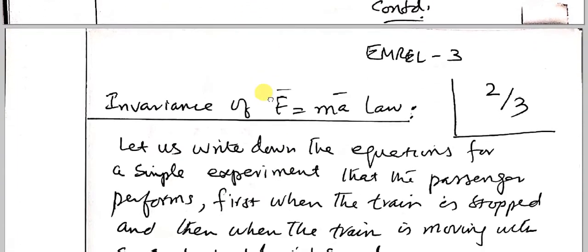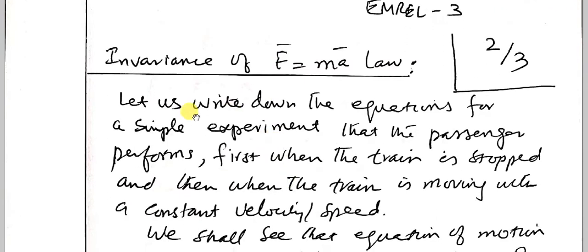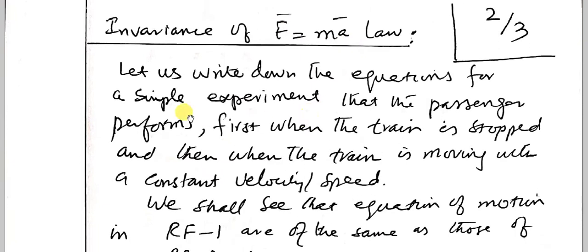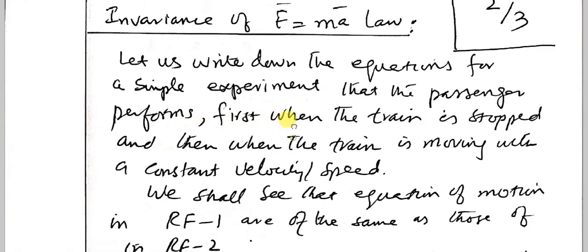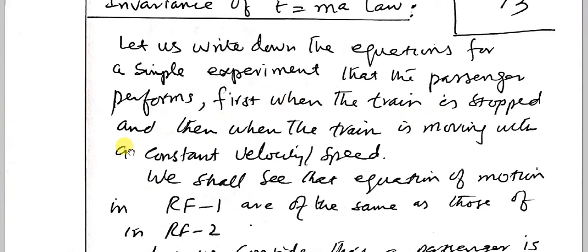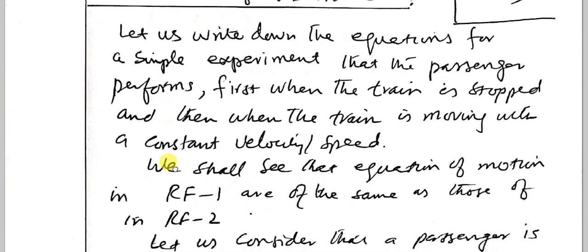Now let's see the invariance of the second law of motion, F is equal to ma. Let us write down the equations for the simple experiment that the passenger performs, first when the train is stopped and then when the train is moving with a constant velocity or speed.